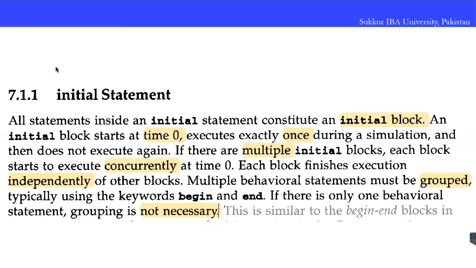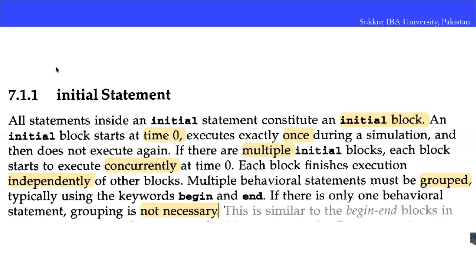The second fundamental thing is all the initial blocks start executing at t equal to 0. As the initial statement is mostly used in simulation, that's why we have to talk about the simulation time.